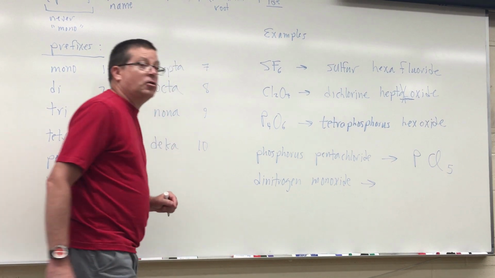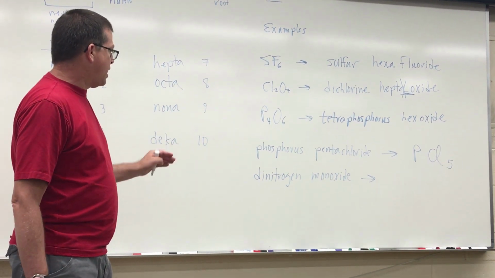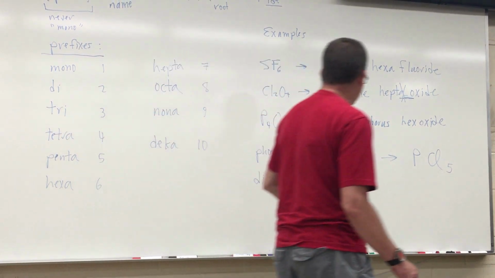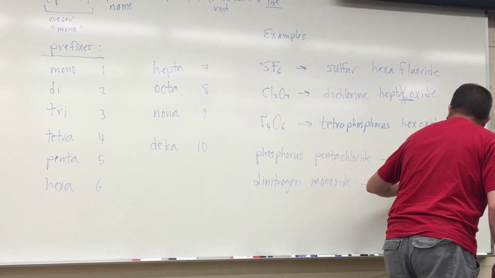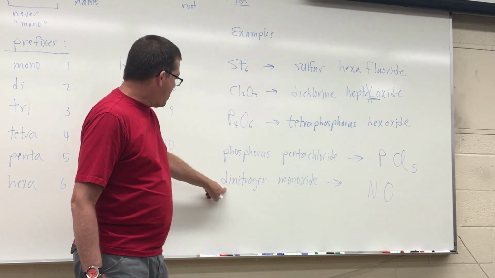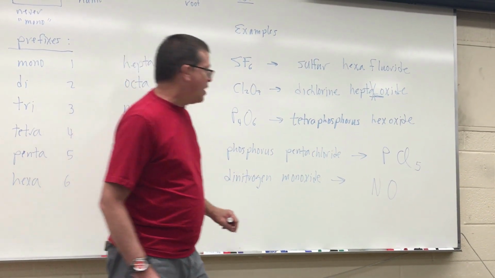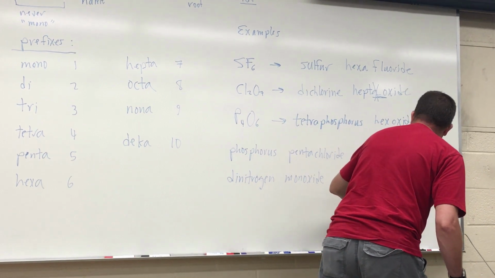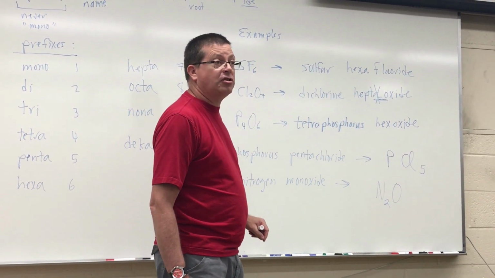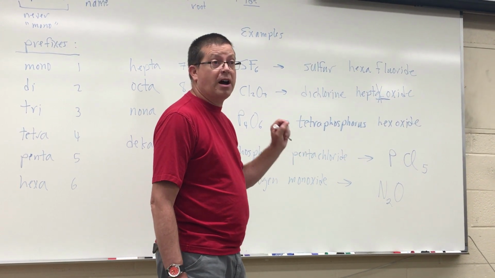And finally, let's take a look at the last example here. Dinitrogen monoxide. So I know I've got nitrogen and oxygen involved in the compound. How many of each? Now, dinitrogen tells me I've got 2 nitrogens. And then the mono in front of the oxygen tells me that I have only 1 oxygen.